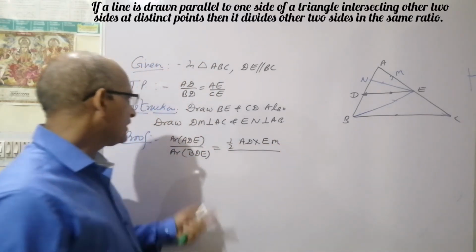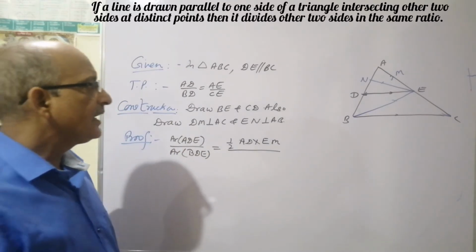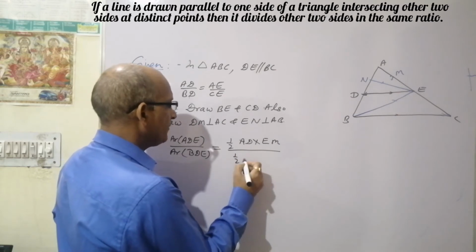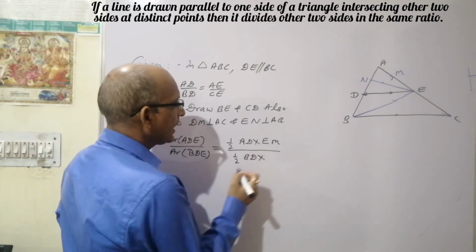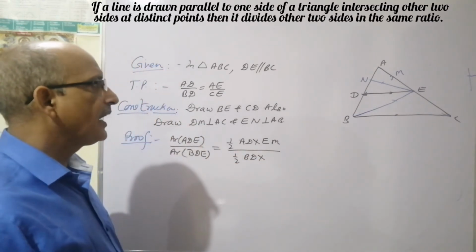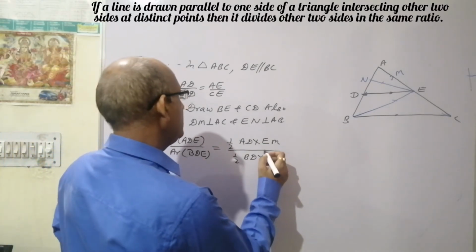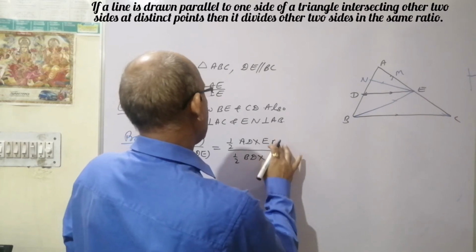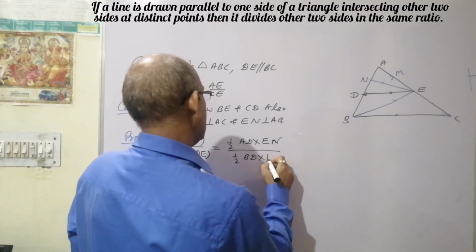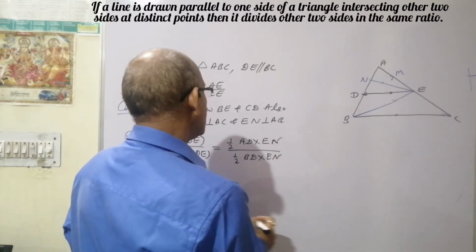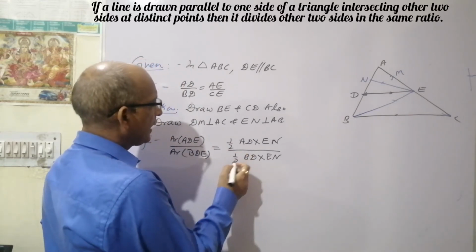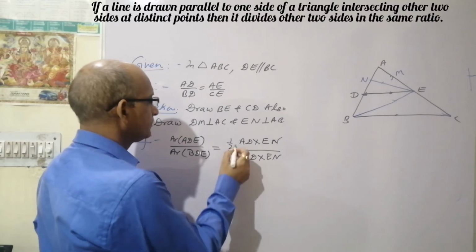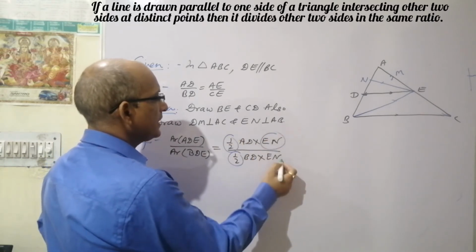Upon, now come to the area of triangle BDE. If we are taking BD as base, we need BD here also. So half into BD into, actually for this also the corresponding height is EN only. So the half and half cancel out, and these both can be cancelled out.